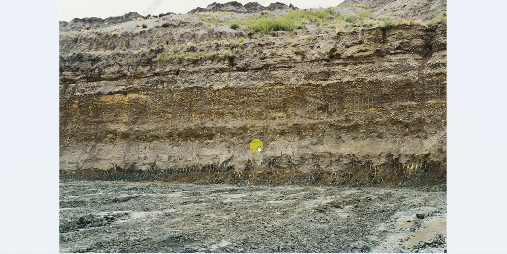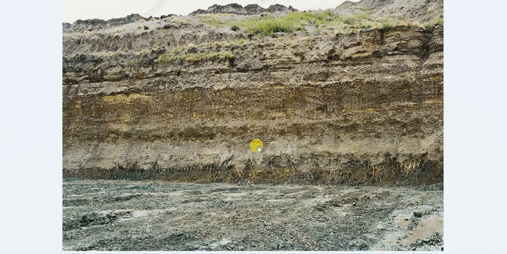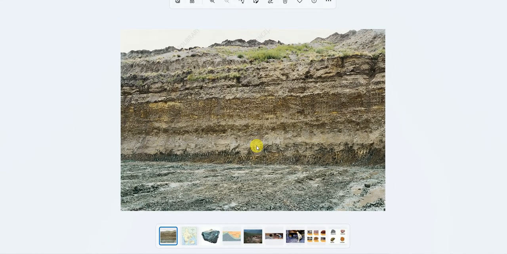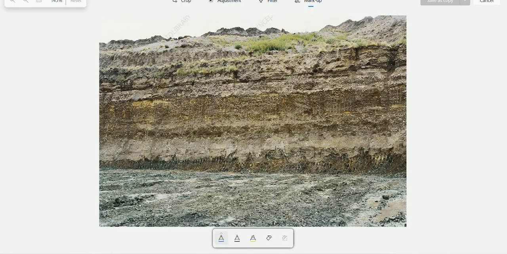I think the yellowish luster ones are pieces of gold.